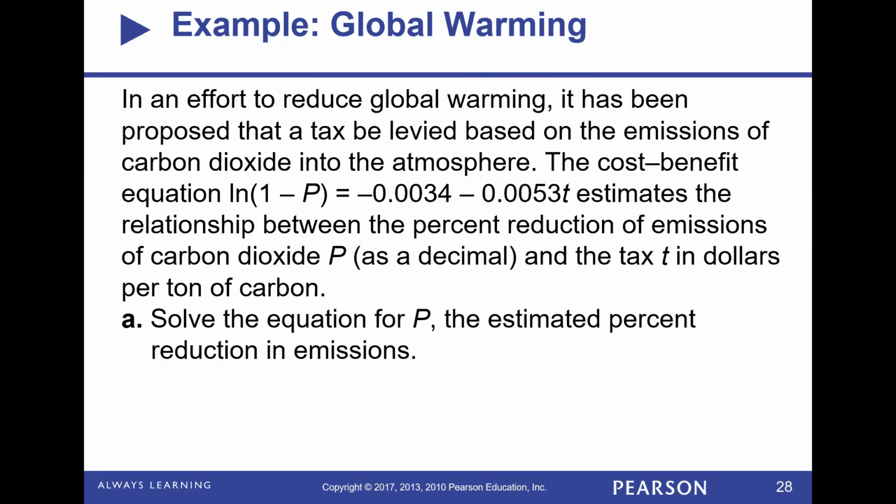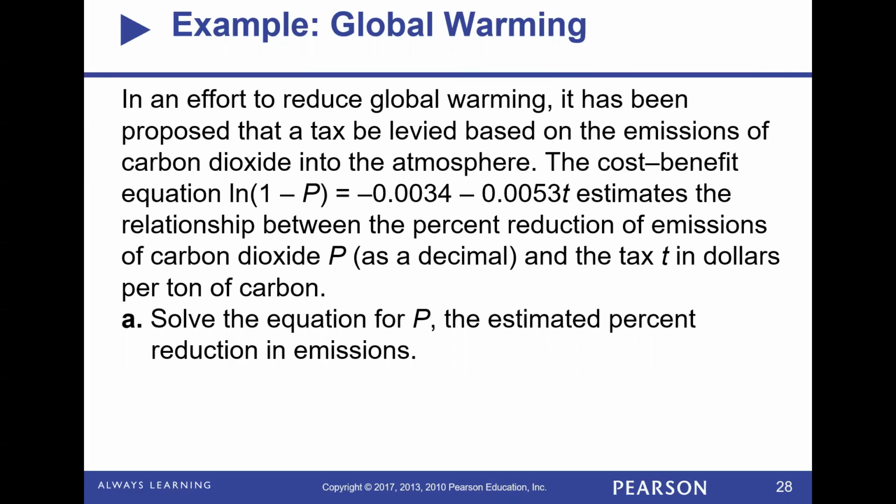It estimates the relationship between the percent of reduction of emissions of carbon dioxide, which is p, given as a decimal when we work our problem out, and the tax, T dollars, in dollars per tons of carbon.